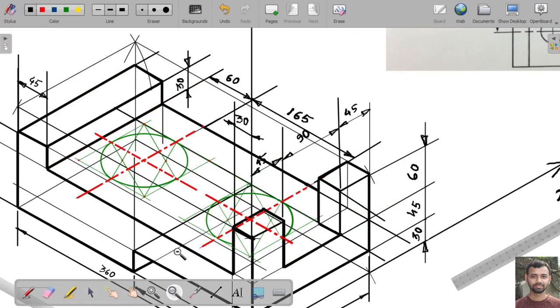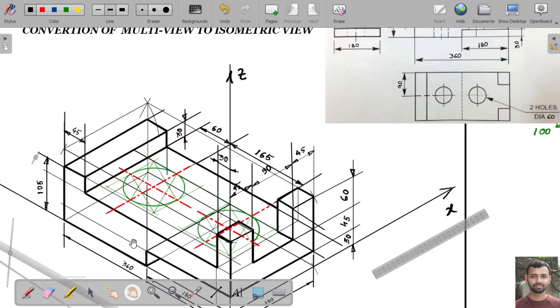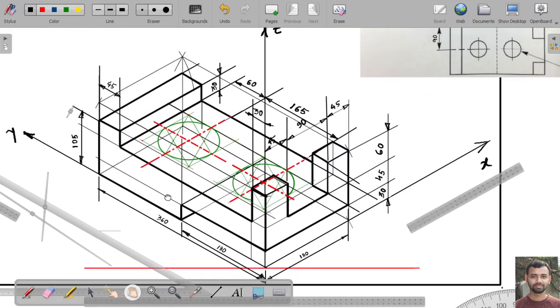So in this way, you have to convert a multi-view to an isometric view.